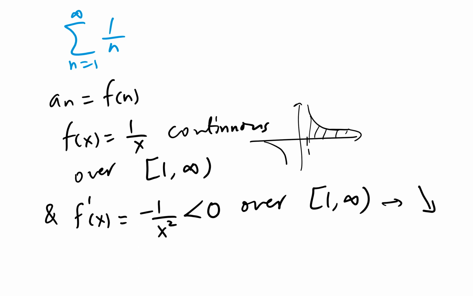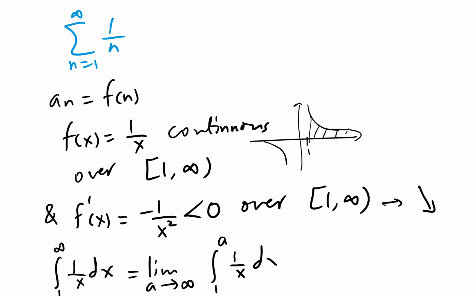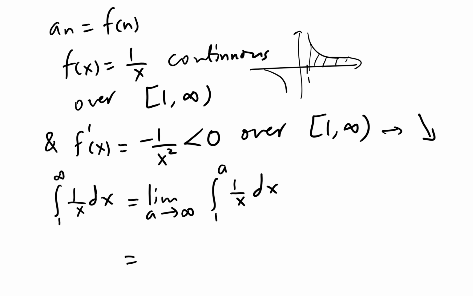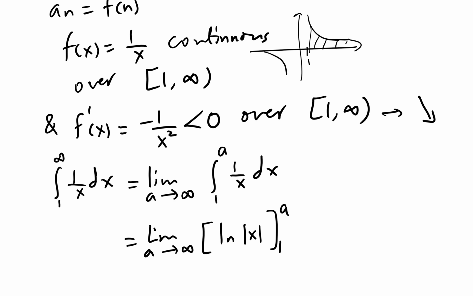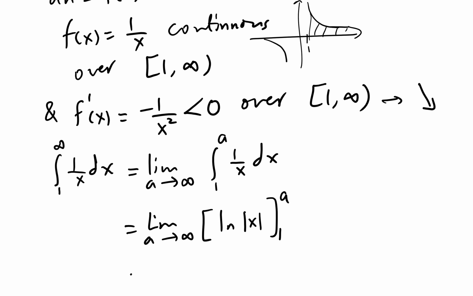So what does the integral test say? I have to find the integral from 1 to infinity of that function dx. And how do we do this? If you remember, this is an improper integral from 1 to a of 1 over x dx, then the limit as a goes to infinity. This is the natural log of the absolute value of x from 1 to a. But we know x is going to be positive here.